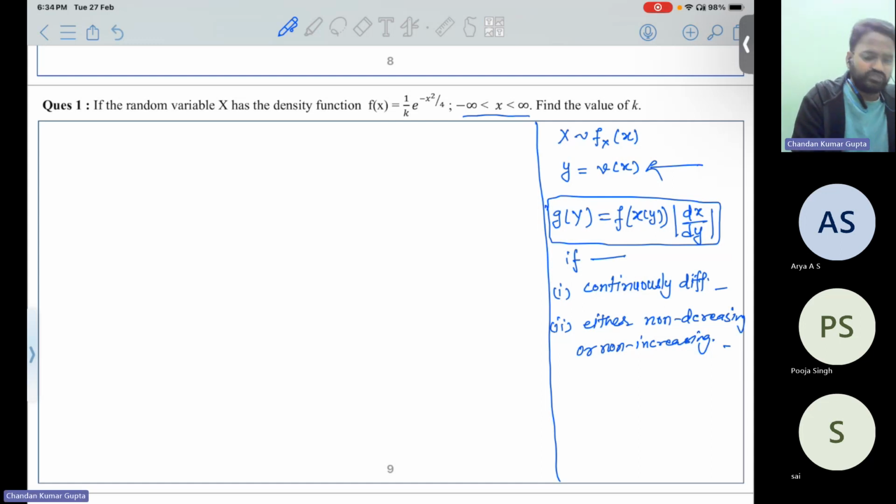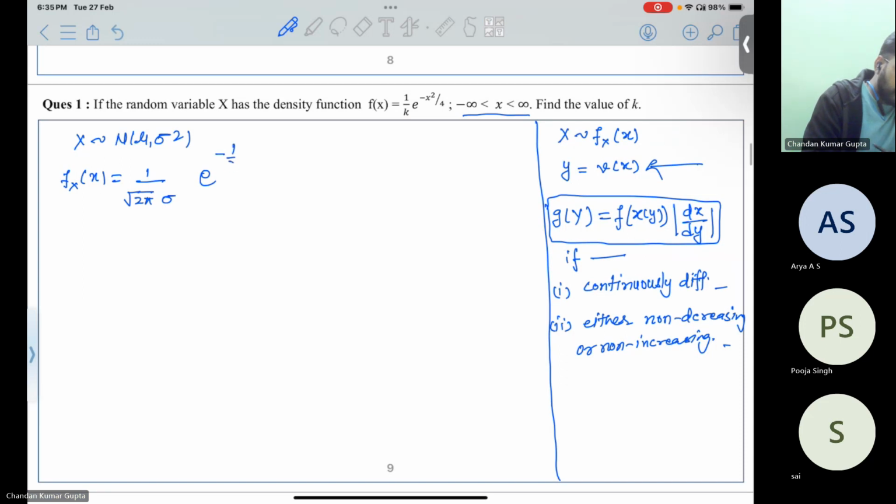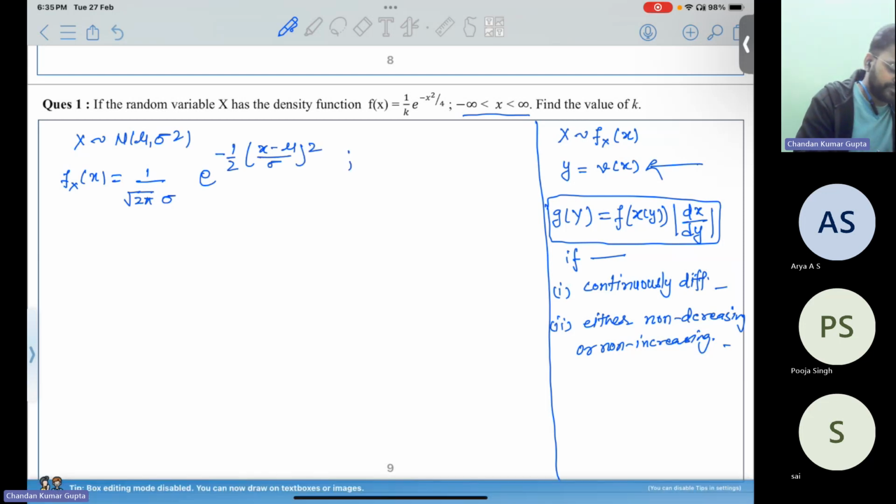Since we are dealing with normal distribution, and here it seems like normal but not exactly, let's compare the given distribution with the normal distribution. If x follows normal with mean mu and variance sigma square, then f x should be 1 upon root 2 pi sigma e to the power minus 1 by 2 (x minus mu upon sigma) whole square.